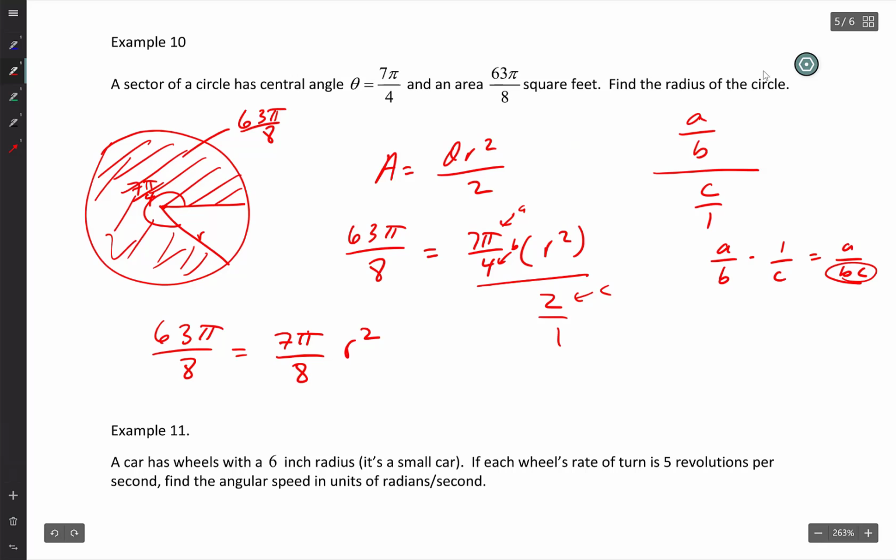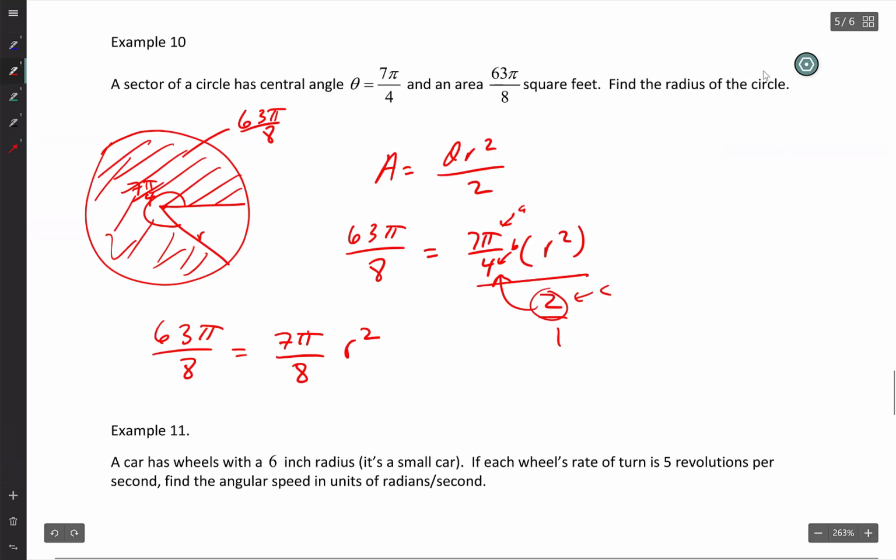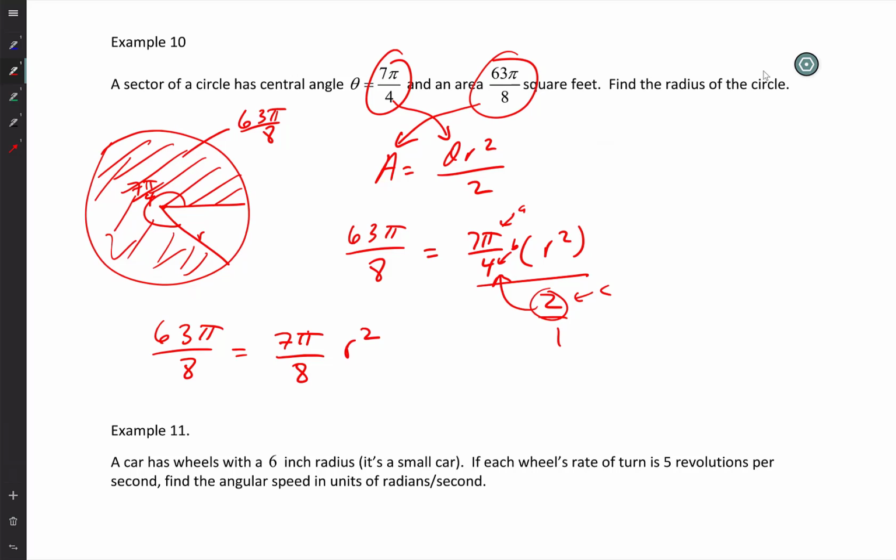See? So all I did was I brought that 2 up and multiplied it. 4 times 2 is 8, and that's why I have an 8 in the bottom. I don't know if that was part of your confusion. This is my area of the sector, so I just plugged in. The 7 pi over 4 is your angle, so I just plugged in. Does that make sense?